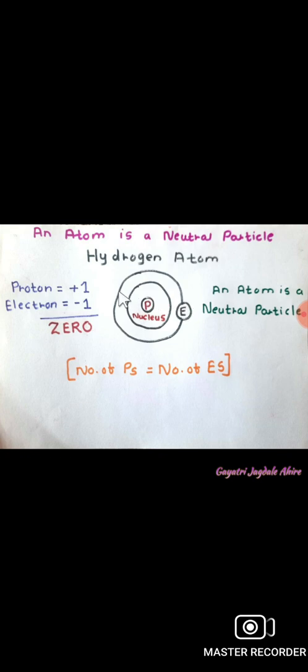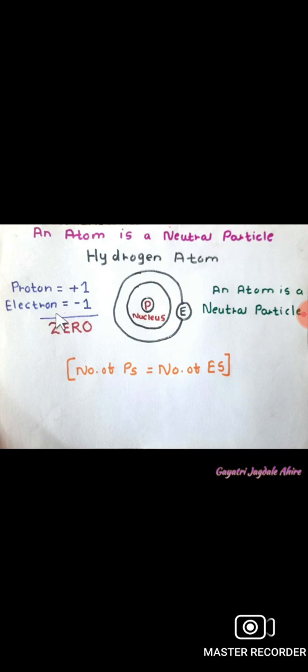So we can write proton is equal to positive 1 and electron is equal to negative 1. Why have I written that proton is equal to positive 1? Because a proton is a positively charged particle while an electron is a negatively charged particle.